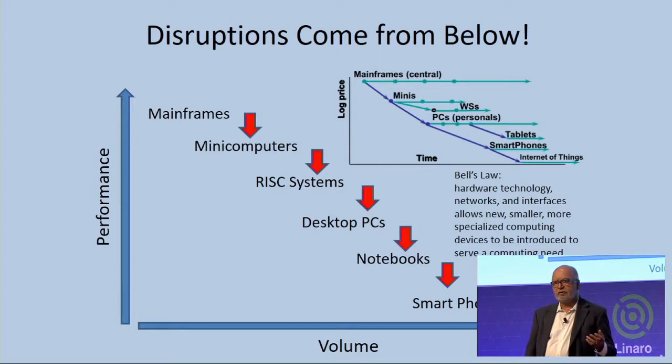So the RISC systems, mainly from Sun Microsystems, came in and ate into the business that we at DEC had on mini computers. And then the PC technology, primarily driven by Intel, and this was desktop PC technology, came in and displaced a lot of those RISC Unix systems.